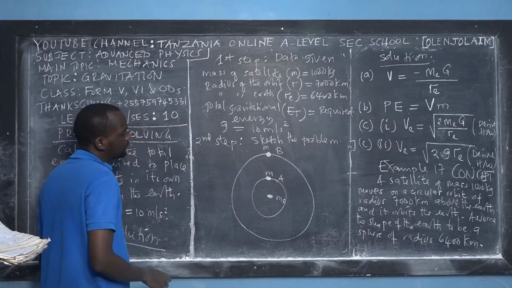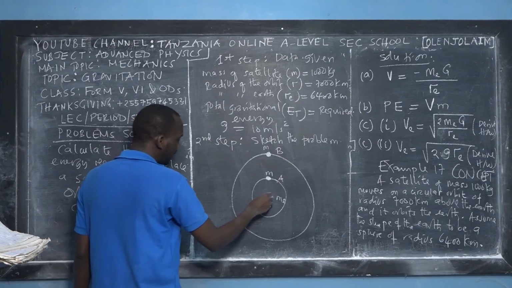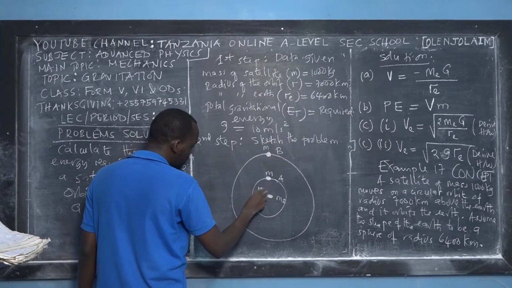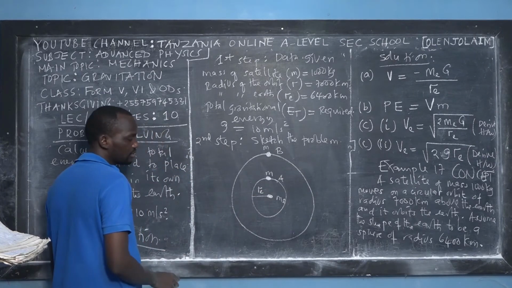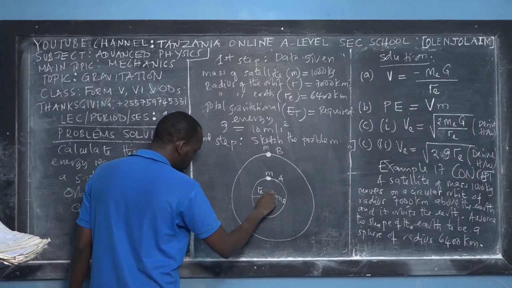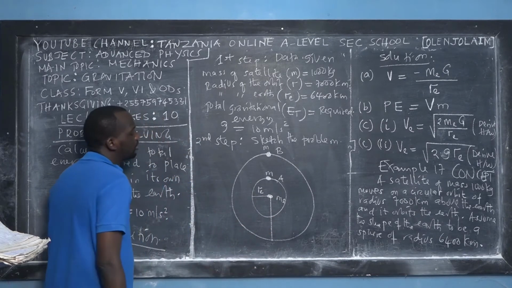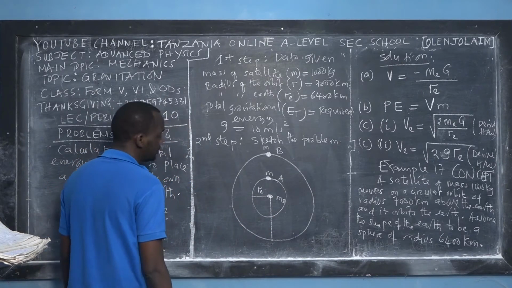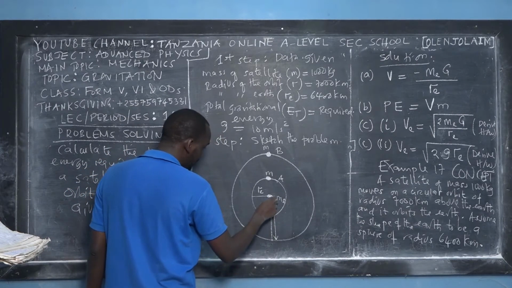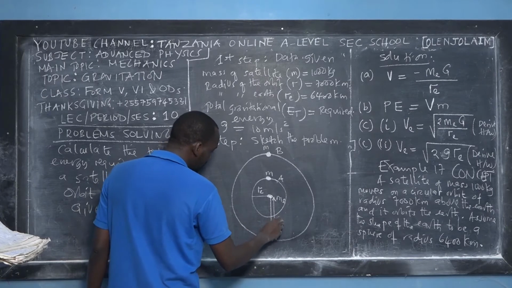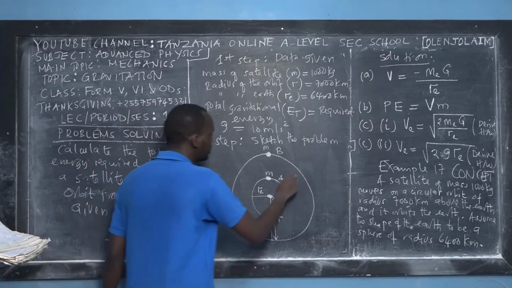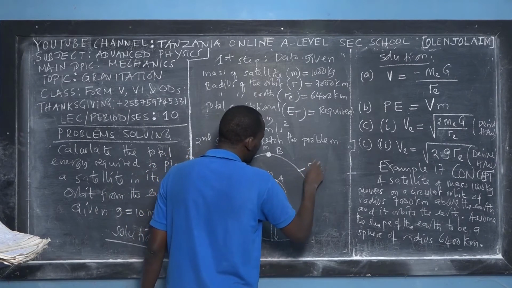Listen carefully. The radius of the Earth is the distance from here to here. But then we have the height of the orbit, measured from the Earth's surface, which we denote with a notation. So what is this? We call it the satellite.